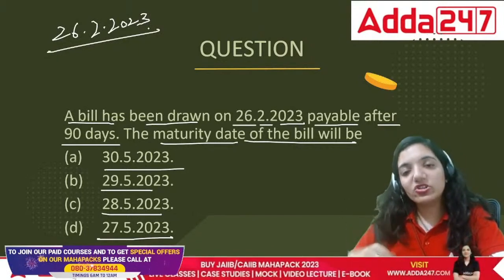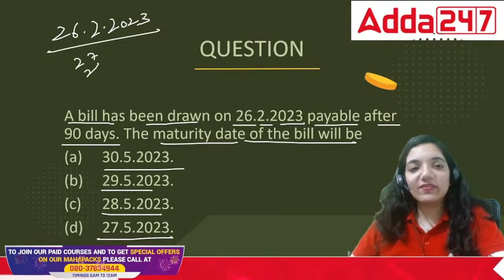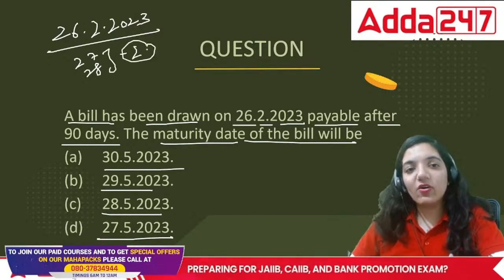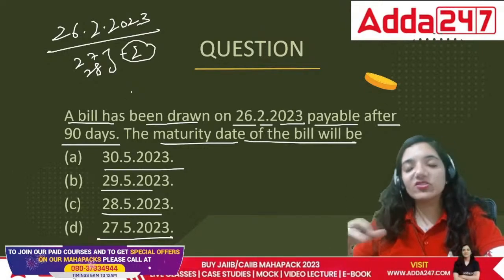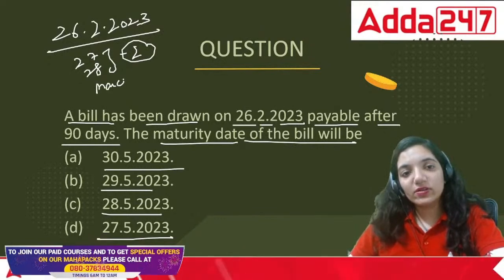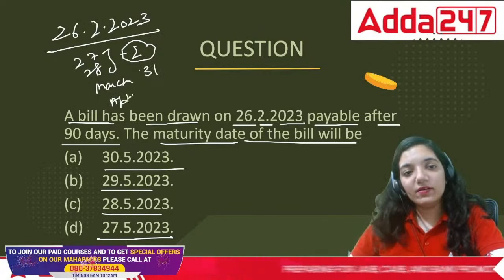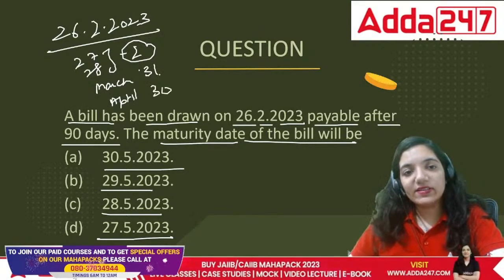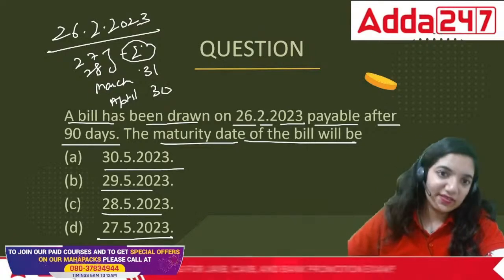The day on which the bill is issued is not included. That means we will include 27th and 28th, 2 days of Feb, because 2023 is not a leap year. Then after this we have March, 31 days. Then April, we have 30 days, 60 days over, and this is basically 62 days.